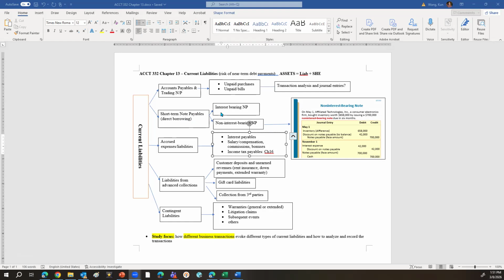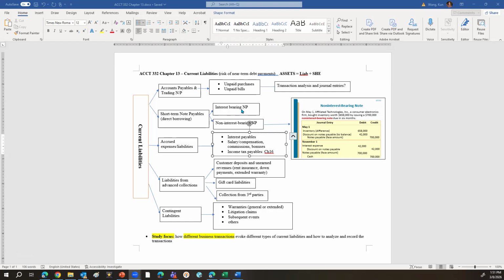So it's not really related to purchases or bills, it is only a direct financing for short-term cash needs. This one can be interest bearing or non-interest bearing, but still short term. So check the transactions related to interest-bearing notes, for example, when you sign a note and then accrue interest by the year end, if the note goes over one accounting period.